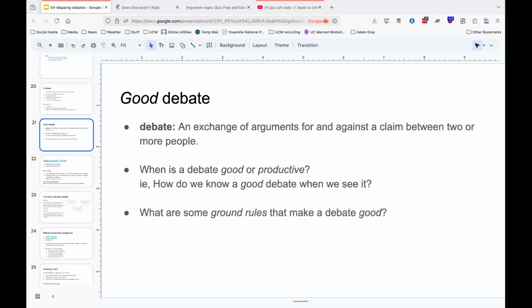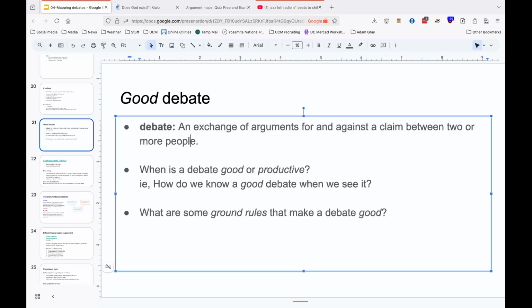Great. So, now that we have some practice developing debates using these tools so far, argument maps, thinking in terms of objections and replies, again, we define a debate in this class as an exchange of arguments for and against a claim between two or more people who we call the interlocutors.